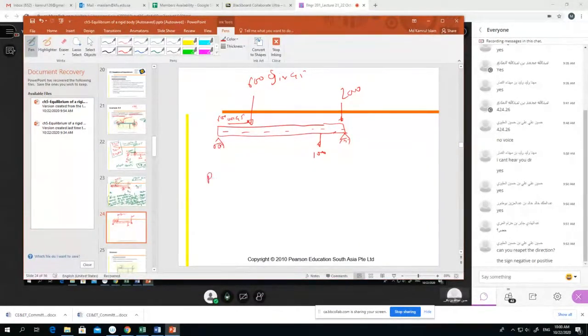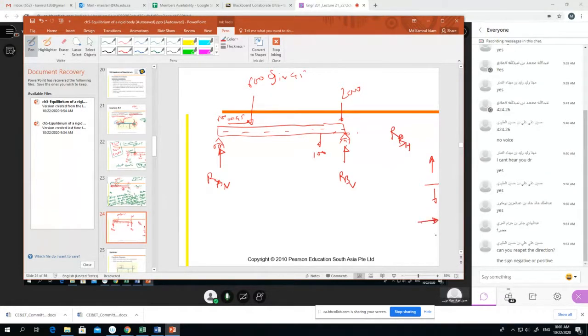In the roller, now RBV, vertical. As I told you, we can assume upward or downward because we don't know, so we assume it is upward. Here it will work, suppose the horizontal RBH, horizontal force.